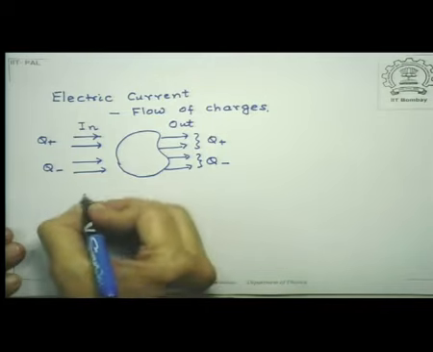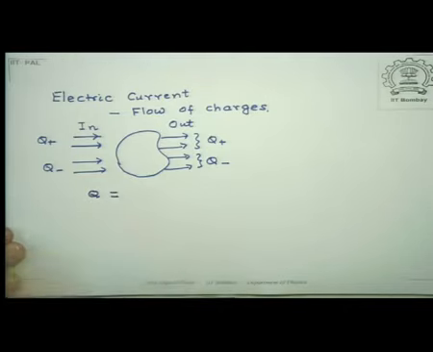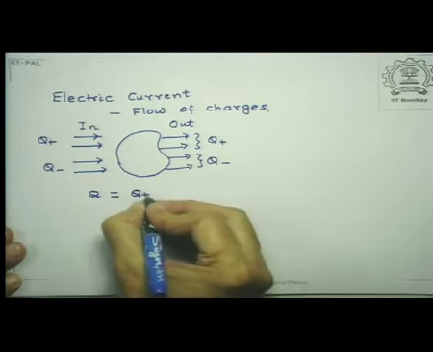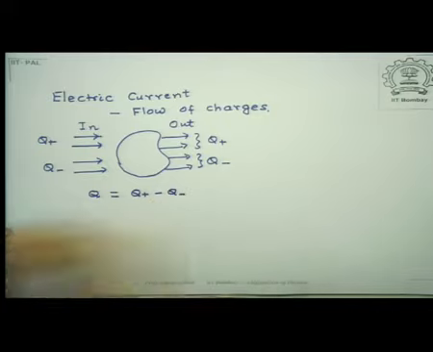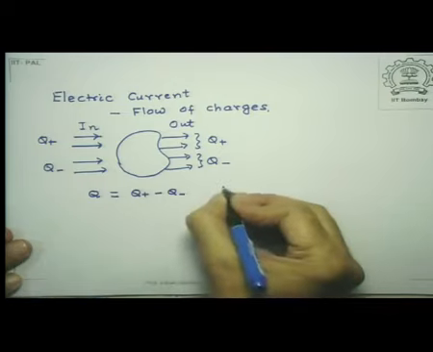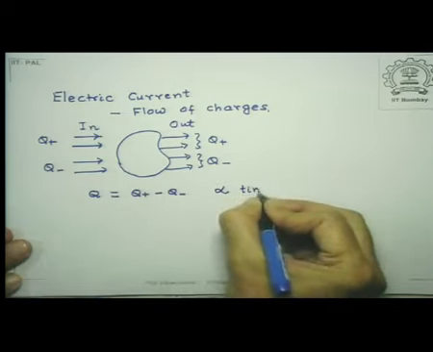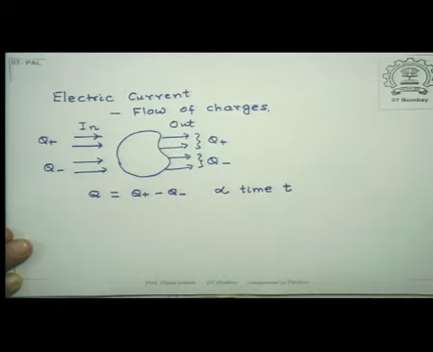Now, so the net amount of charge Q which is flowing in is Q plus minus Q minus. Now, supposing these charges were steadily flowing through that surface, then the amount of charge that is going through that surface would be proportional to the time t during which we make our observation.